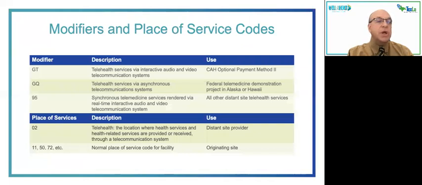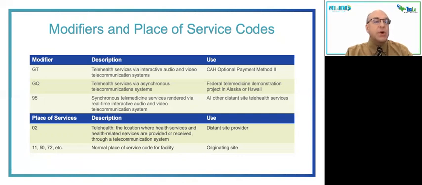And then a GQ is a telehealth service via asynchronous telemedicine systems. So we've talked about that asynchronous type of visit. And then a 95 modifier would be utilized when a synchronous telemedicine service rendered via real-time interactive audio and video telecommunication systems is used, okay?